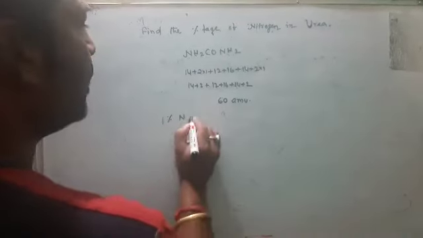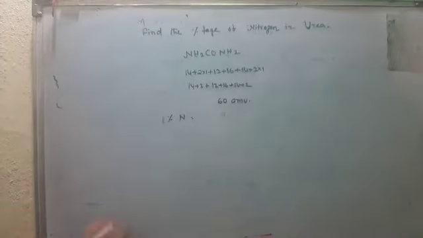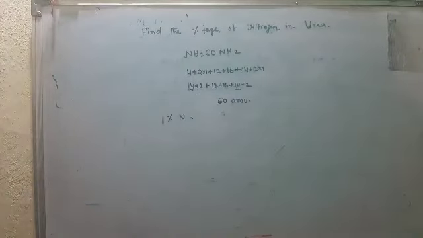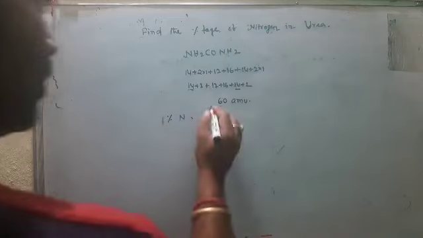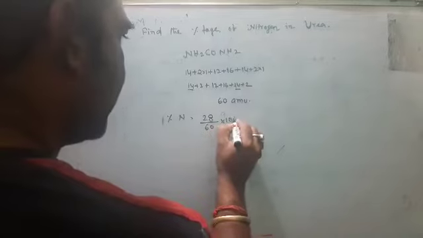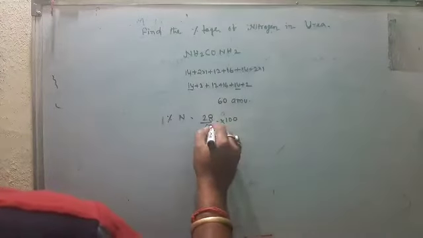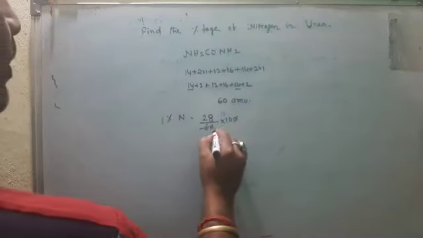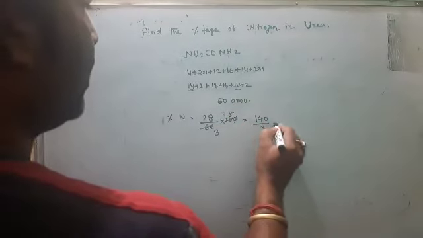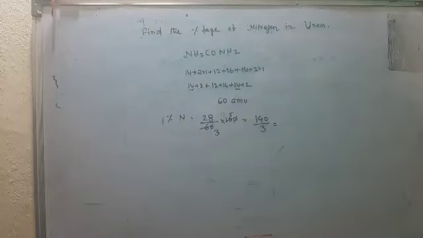So for the percentage of nitrogen, how many nitrogen are there? Here 14 and here 14, so 28. So 28 by 60 into 100, cut it. Here 6, 0, this one 3, this one 5. So 140 by 3, you can divide and find the value.